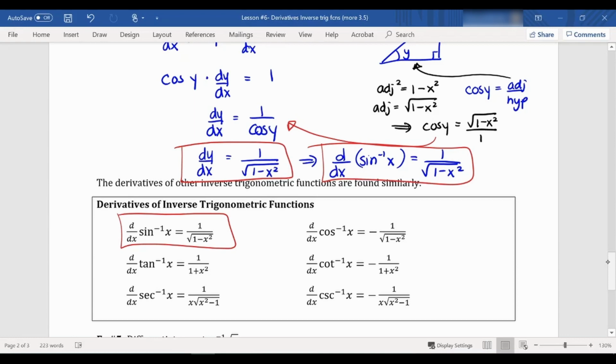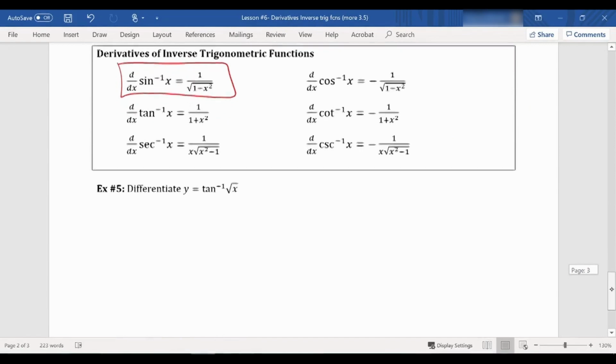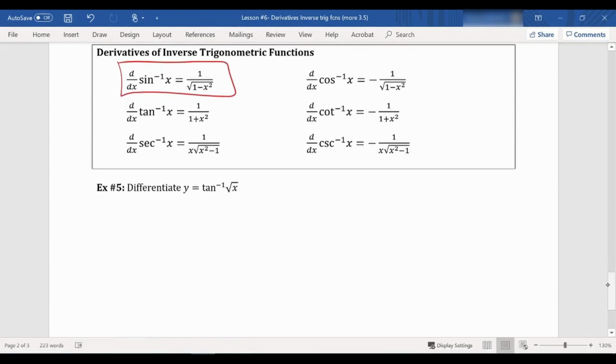Okay? So we're going to try a question where we're actually going to find a derivative. We're going to do the derivative of the inverse tangent. So we are going to need to use this one right here. Now, chain rule applies for all these questions. So whatever you see here, whether that's just an x, or an entire absolutely disgusting function, this goes here.